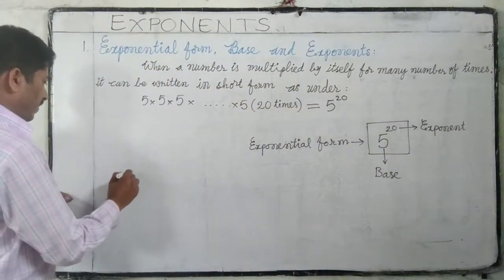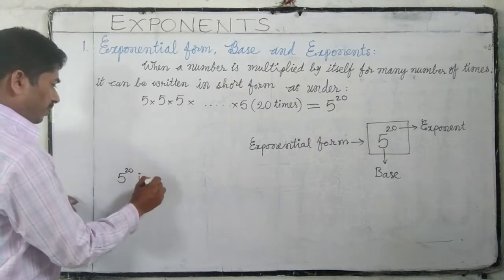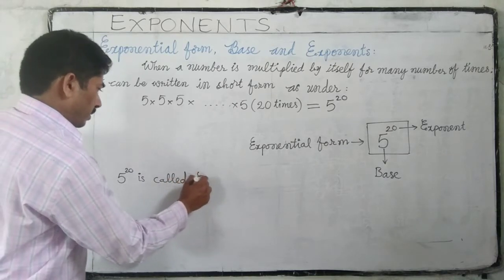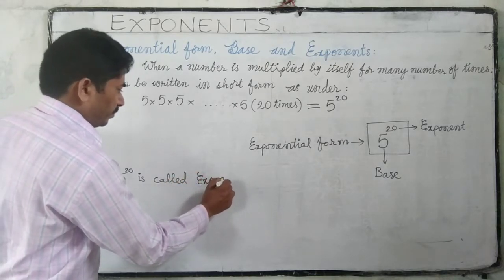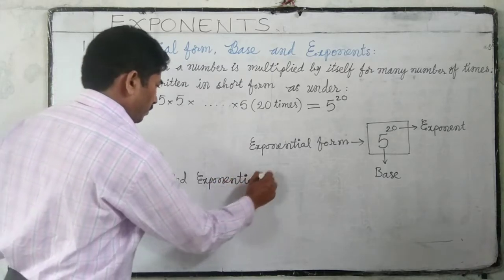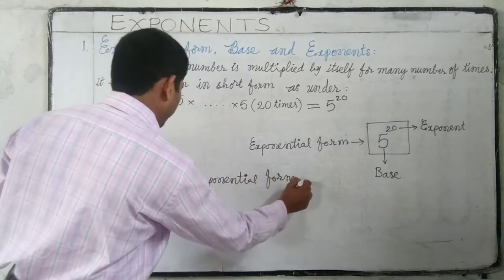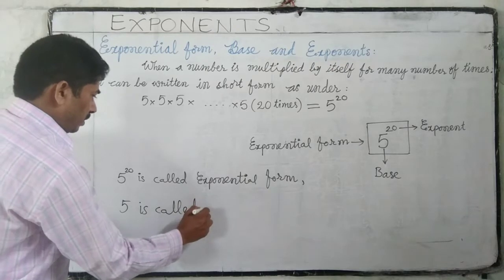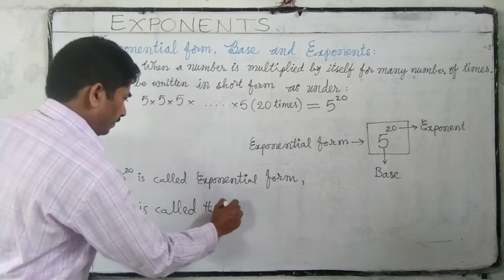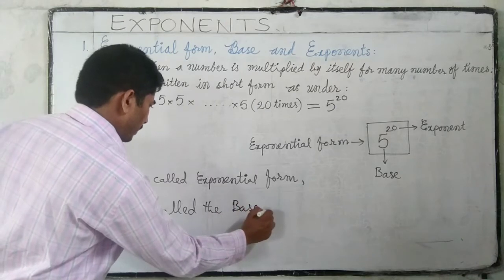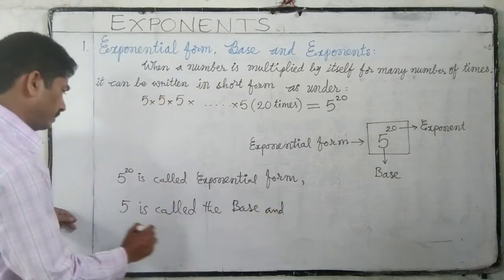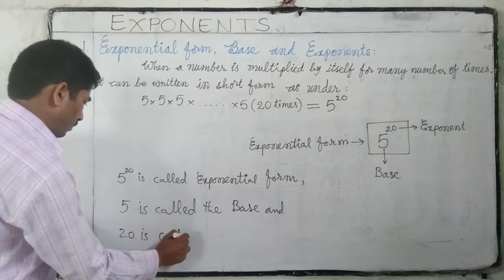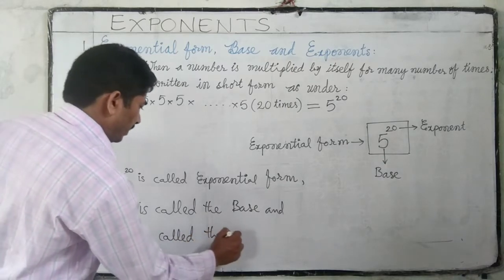In detail, 5 to the power of 20 is called exponential form. 5 is called the base, and 20 is called the exponent.